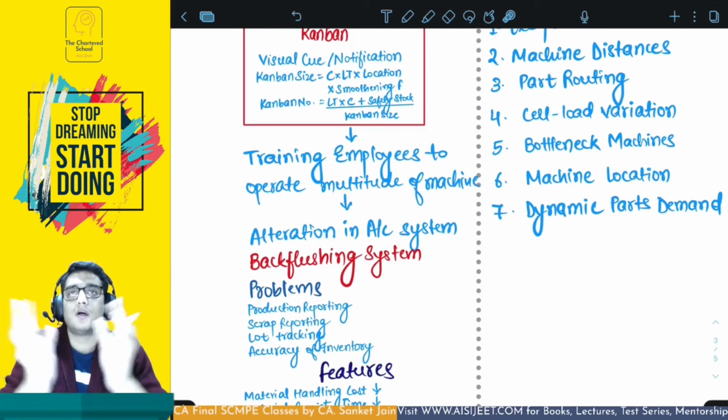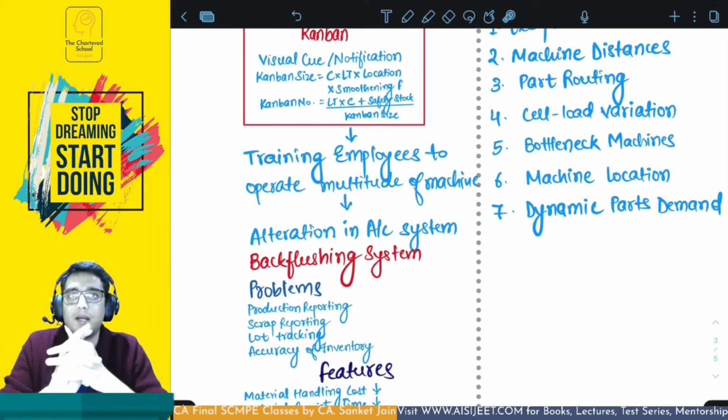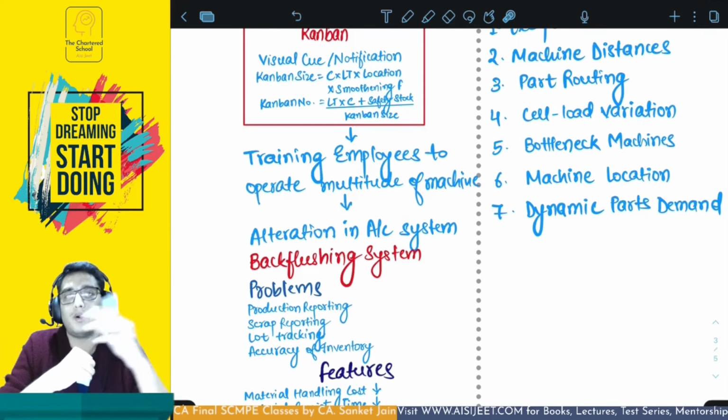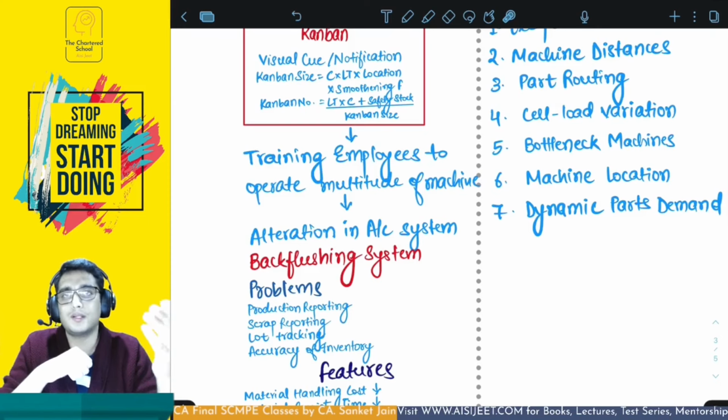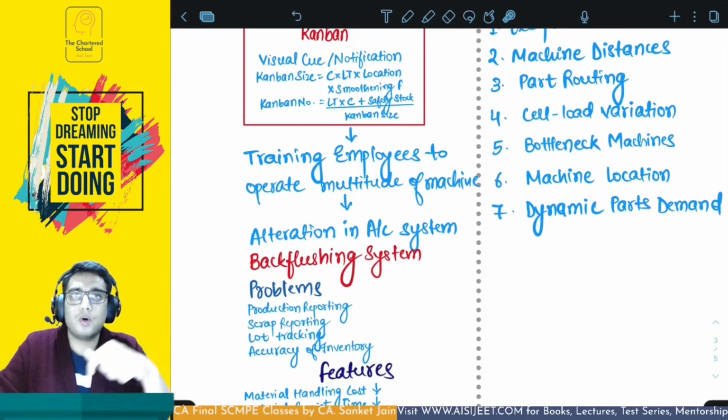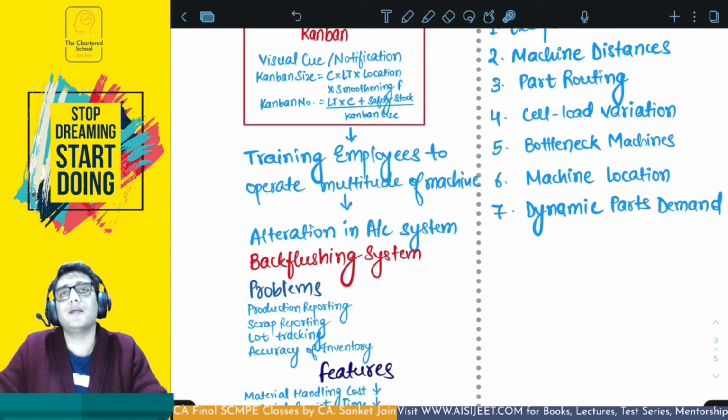Owner as in you can say that this person is now the responsible person for that particular cell. We call it the cell owner. So this person would be operating on 2 or 3 machines or 4 machines or n number of machines that are going to be there in his cell, right?